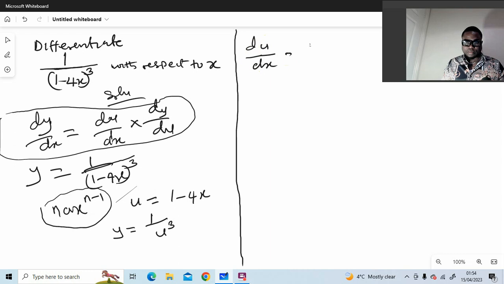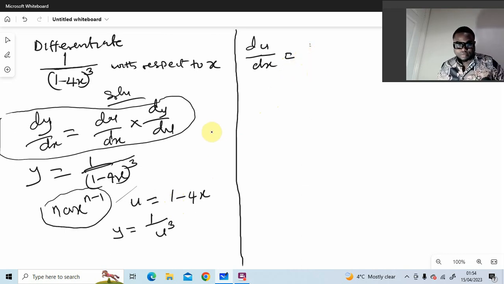Applying this formula, remember, I will differentiate the constant 1 first, which will give me 0. Whenever you differentiate a number without the given variable in an expression, that will give you 0.